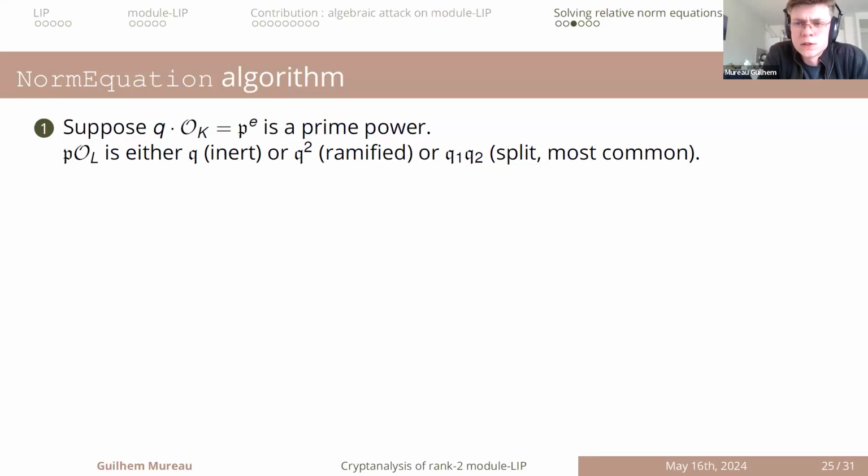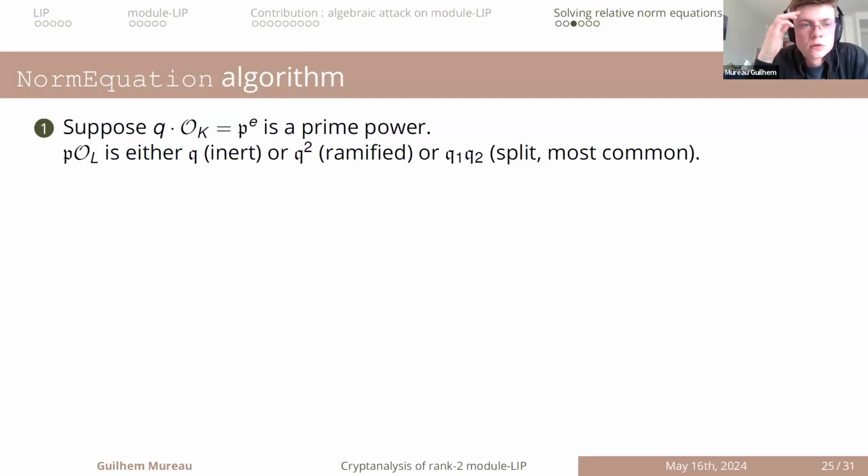Because we have a quadratic extension, we have 3 cases for the ramification. So first, let me suppose that qO_K is a prime power ideal. We want to understand who can be the prime ideals in O_L with norm qO_K.